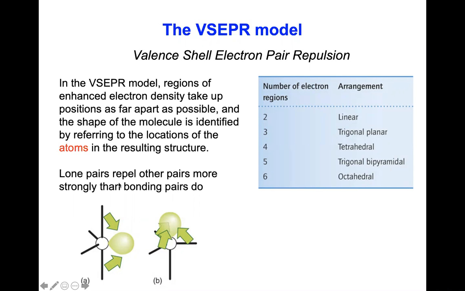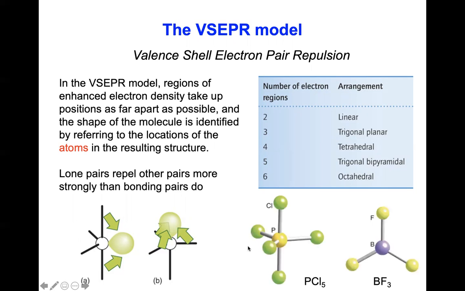Based on this rule, that geometry has higher energy because of the additional repulsion between the lone pair and the bonding pairs. So that makes the first geometry more stable. Okay, that's a trickier case.